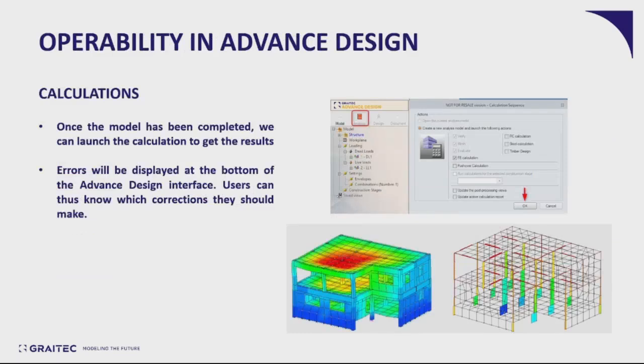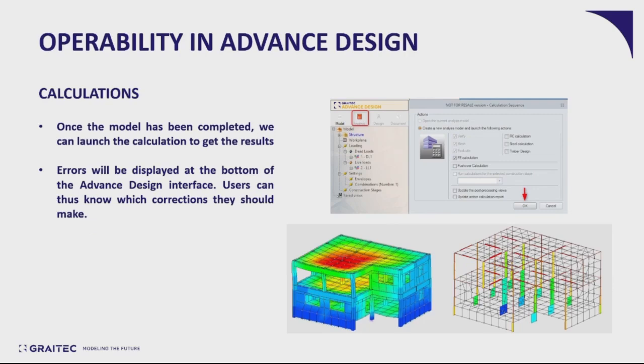After fixing any errors, and the model is verified and evaluated, the analysis and design can be performed, finite element calculation can be run, and any errors will be displayed at the bottom of the Advanced Design interface, so the user knows any corrections that they need to make.